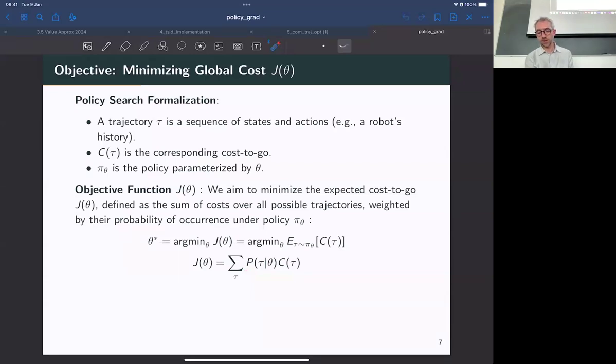In theory, this expectation should be an integral because you have a continuous space of possible trajectories, but you can imagine approximating that with a summation if you have a finite number of possible trajectories.